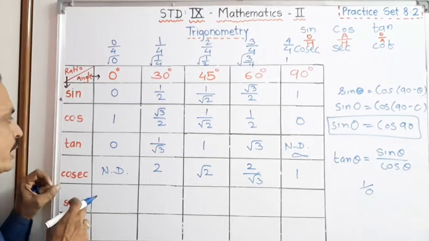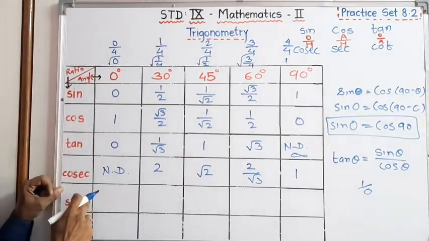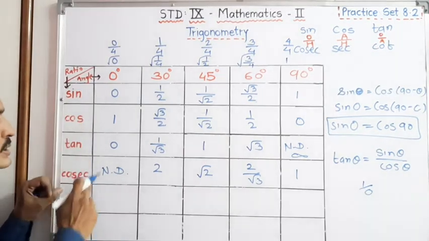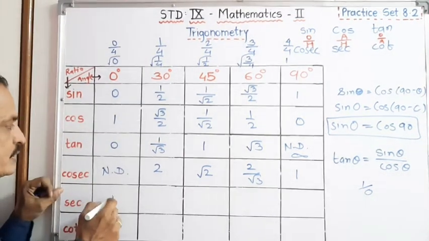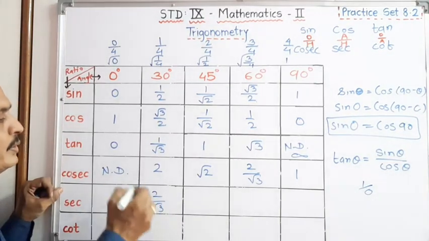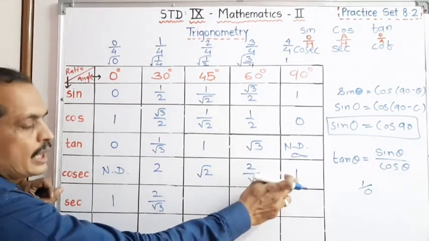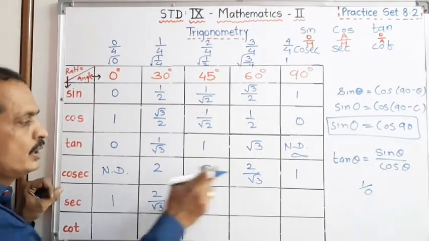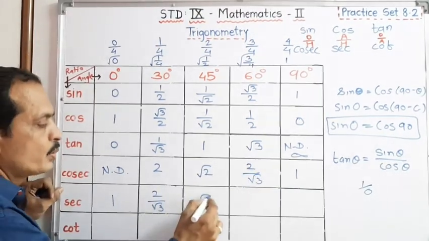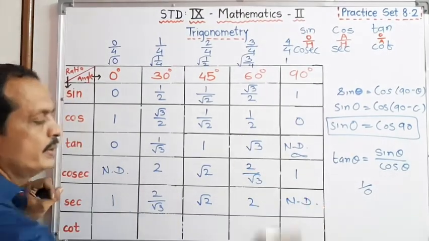Then we have to write the sec. Sec is an inverse of cos, therefore inverse of 1 is 1. Then it is 2 upon root 3. Got it? Then it is 1, or we can write, dear student, start writing from this one. 1 is here, 2 upon root 3, root 2, these 2 here, and it is not defined or infinity.